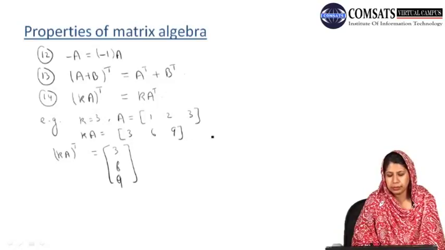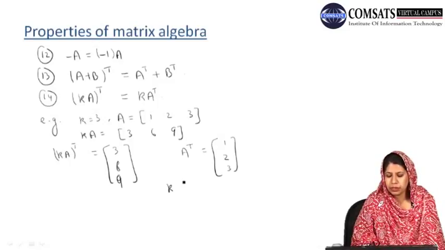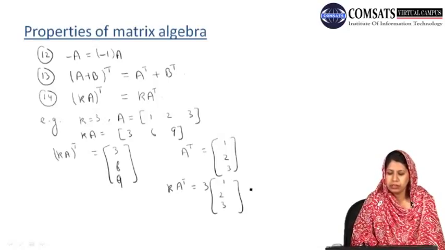Now the right hand side. First we will take the transpose of our matrix. This will be a column vector 1, 2, 3, and multiplying the scalar with the transpose, which is 3 multiplied with the column vector, we obtain the same answer.